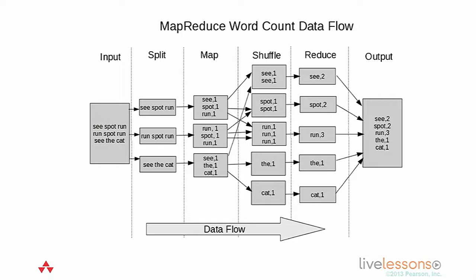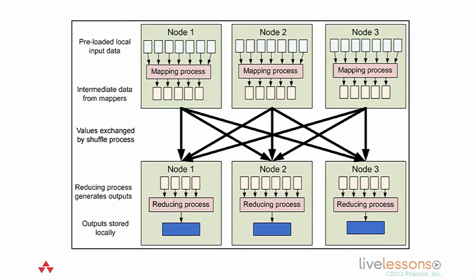And this is pretty much a standard way in which the data flow happens with MapReduce. An important thing to remember, the data flow is one direction. And we'll talk about this a little bit later, about how this can affect some of the properties of the system. Now I'd like to talk a little bit more about how the actual cluster nodes factor into this process.